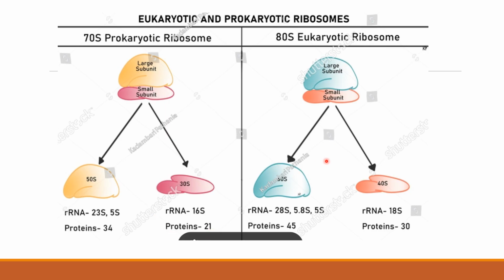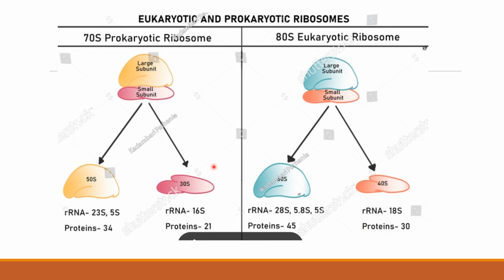In case of eukaryote, it consists of 60S subunit and 40S subunit. The 60S is made up of 28S, 5.8S, 5S rRNA, plus 45 proteins. The small 40S subunit consists of 18S rRNA and 30 proteins.